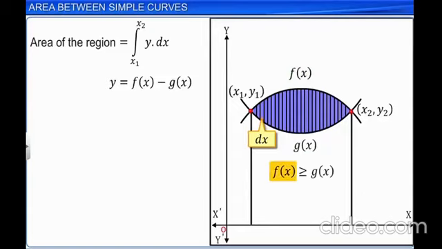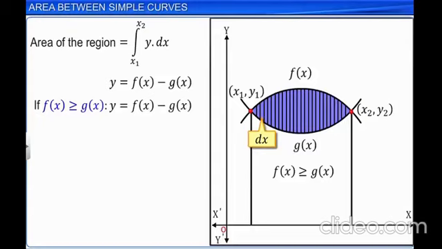If the graph is not available, then we mathematically check whether f of x is greater than g of x. If f of x is greater than or equal to g of x, then y is equal to f of x minus g of x.